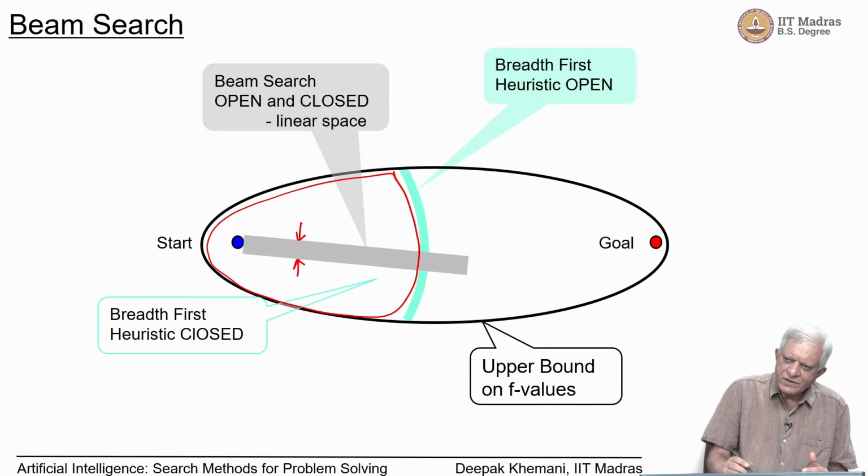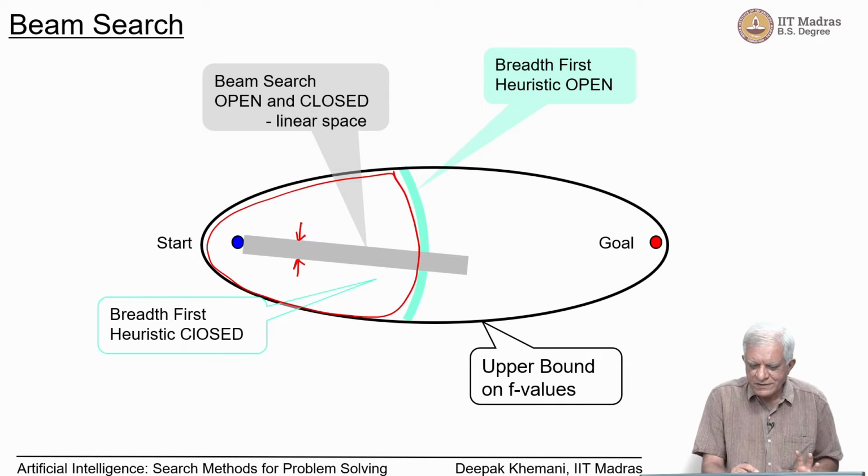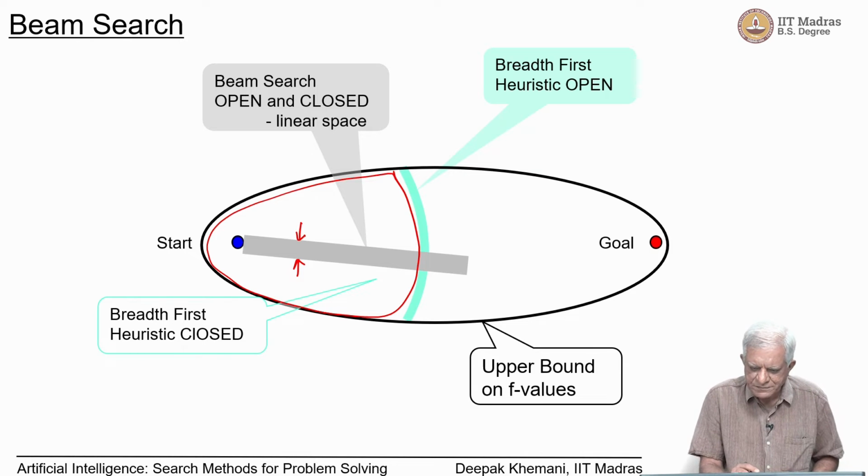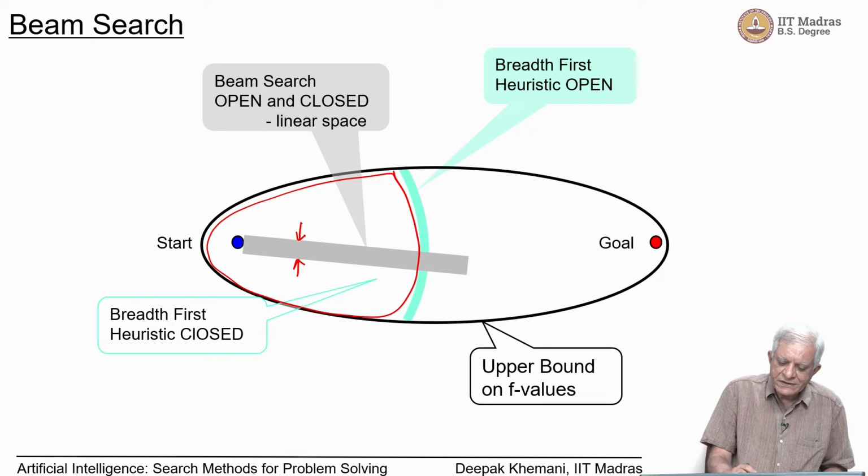So, it will only look at some subset of the nodes that breadth first heuristic search will. We have already observed that beam search is not admissible. In fact, the solution found by the beam search algorithm we are using as the upper bound, which means that we know that it is not necessarily the optimal, that we could find better solutions. But this is how beam search would look.